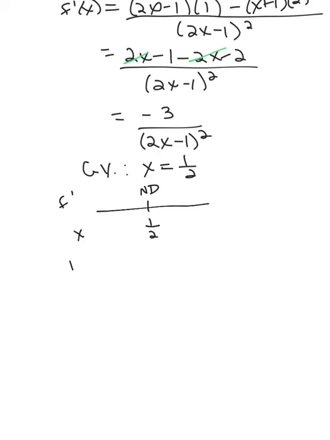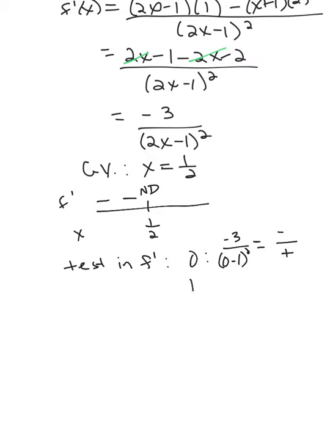And then we're going to test in the first derivative. Let's do 0 for the left side of 1/2. We would have negative 3 over 0 minus 1 being squared. We would have a negative over, anything squared is positive, so the left side is negative.